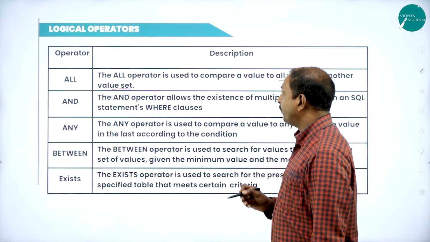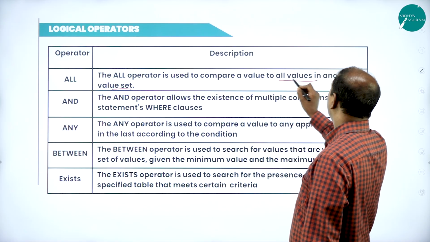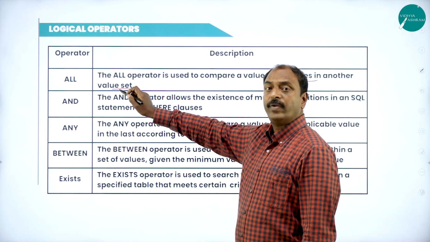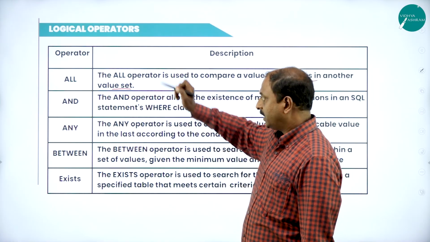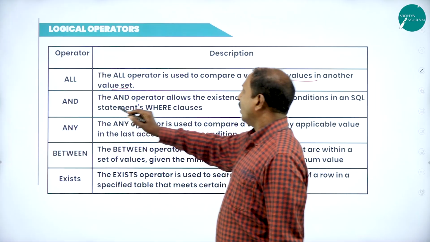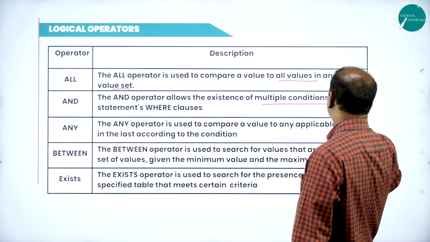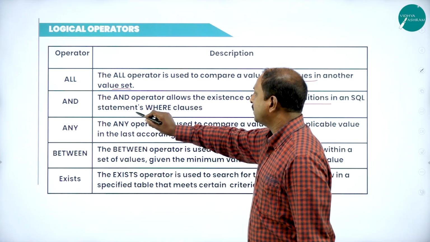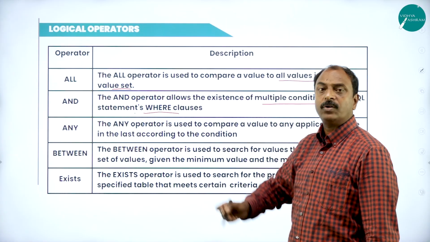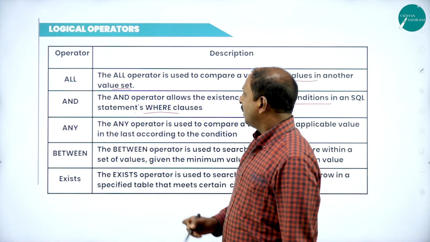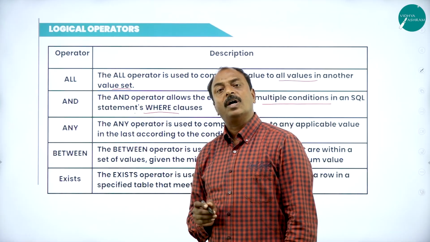The AND operator allows the existence of multiple conditions in an SQL statement's WHERE clause. Here also we have to use the WHERE clause along with different types of operators.